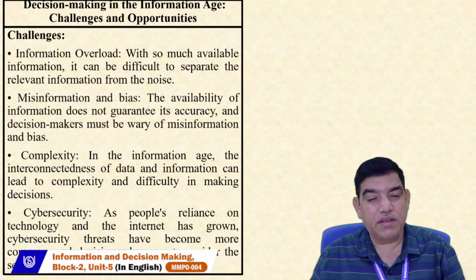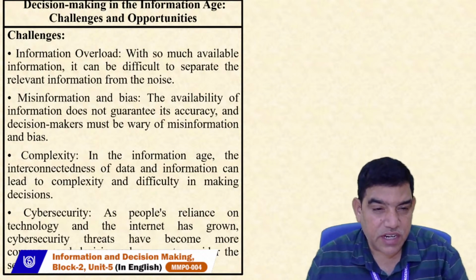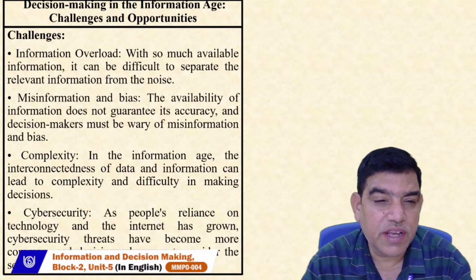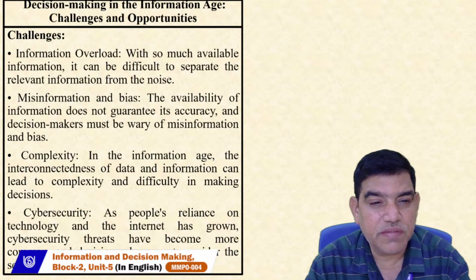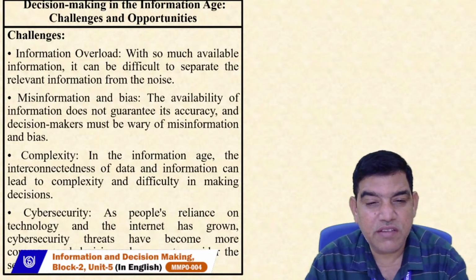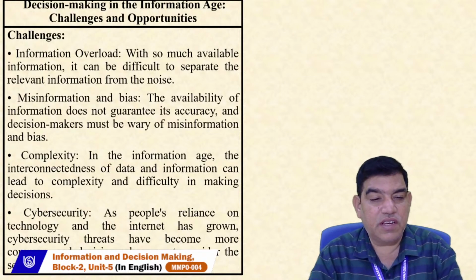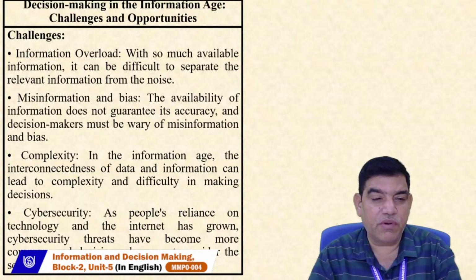Then complexity. In the information age, the interconnectedness of data and information can lead to complexity and difficulty in making decisions. Then cybersecurity. As people's reliance on technology and the internet has grown, cybersecurity threats have become more common, and decision makers must consider the security of their data.